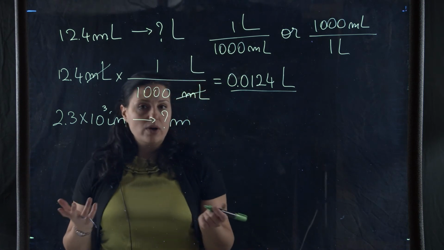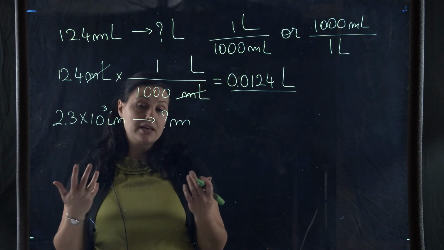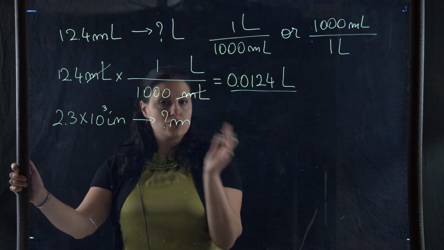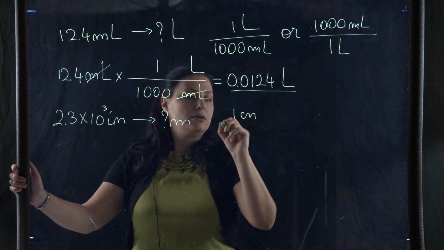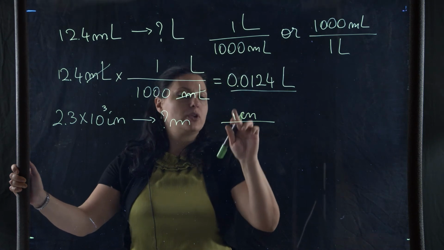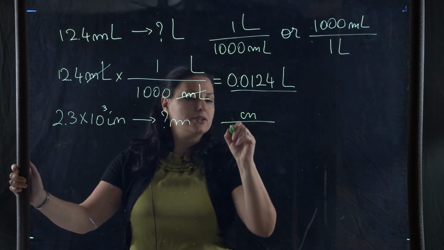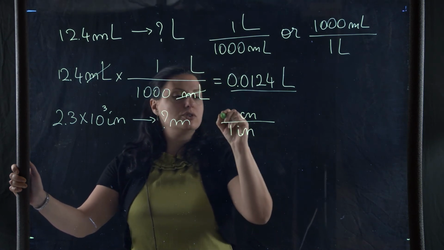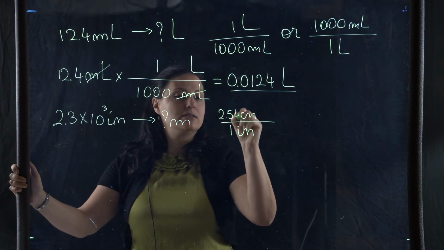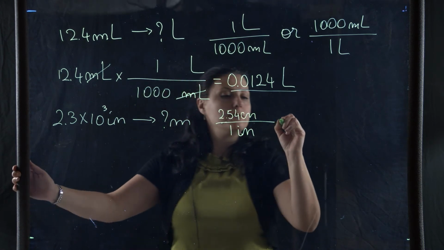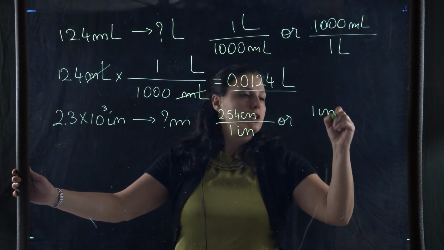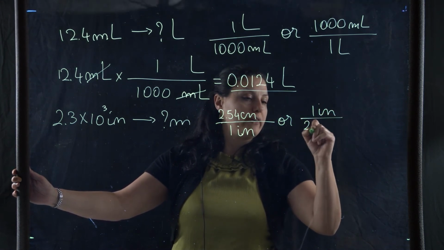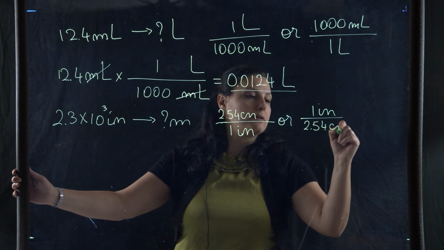The easiest one that I think is easy to remember for the English to metric conversion is 1 inch is equal to 2.54 centimeters, or the opposite. So you have 1 inch at the top and 2.54 centimeters at the bottom.